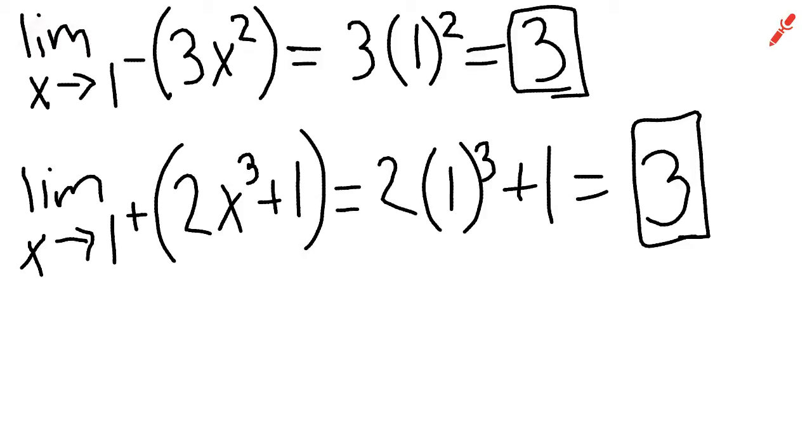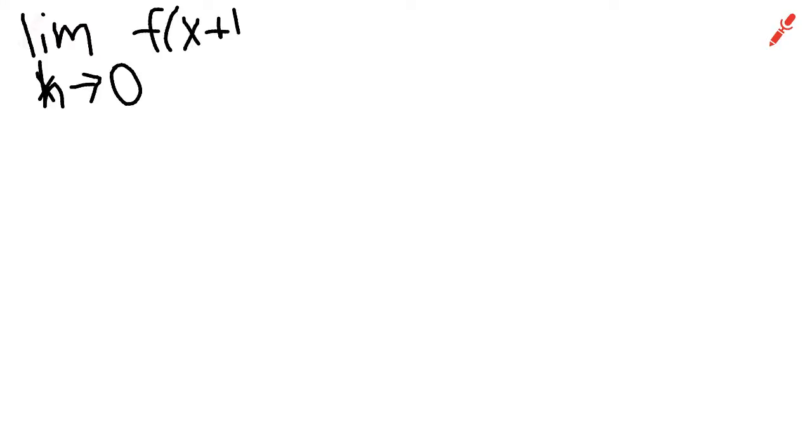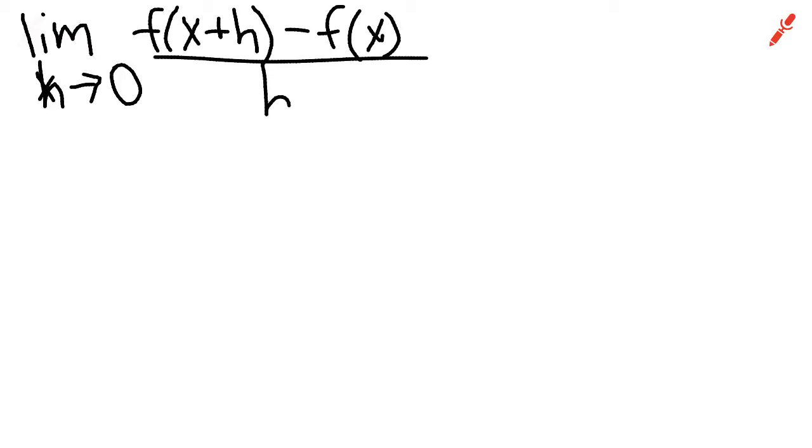So now we can head on to step number 2, where we find the f prime using the limit process, and then find the value by plugging in 1. As you can remember, the limit as h heads to 0 of f of x plus h minus f of x over h.